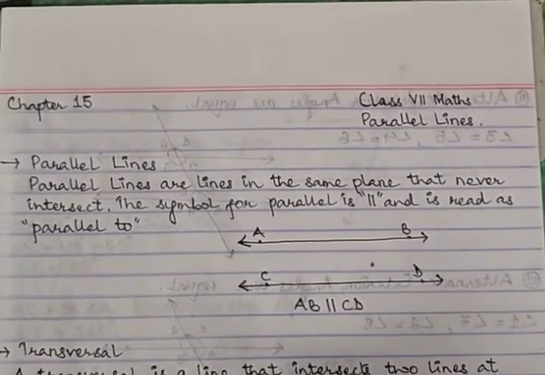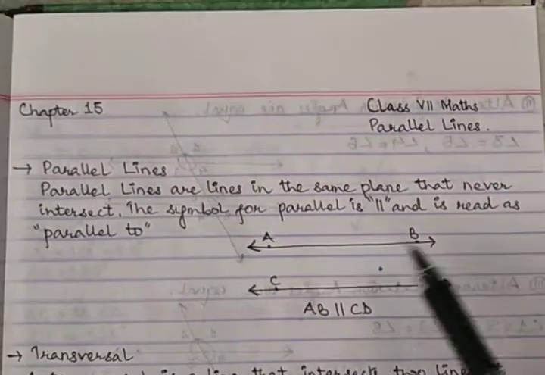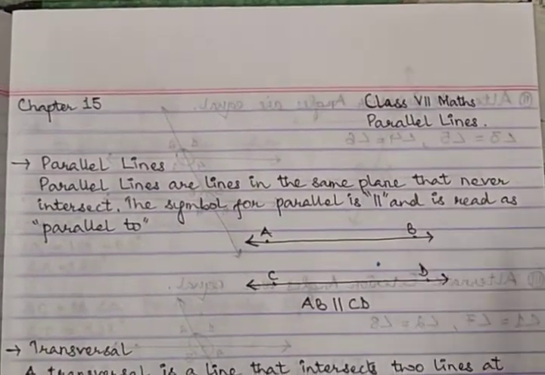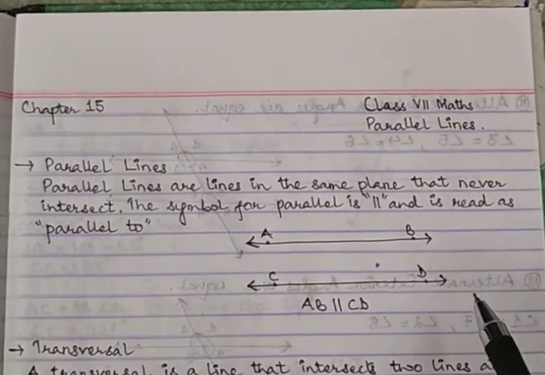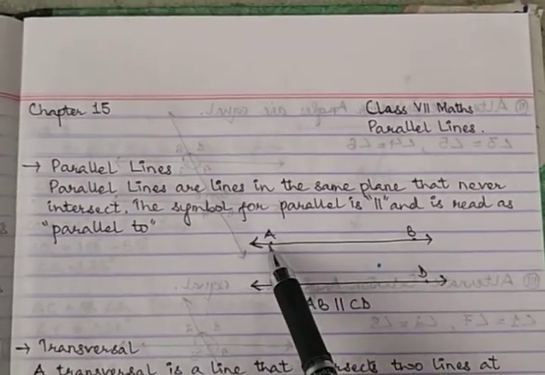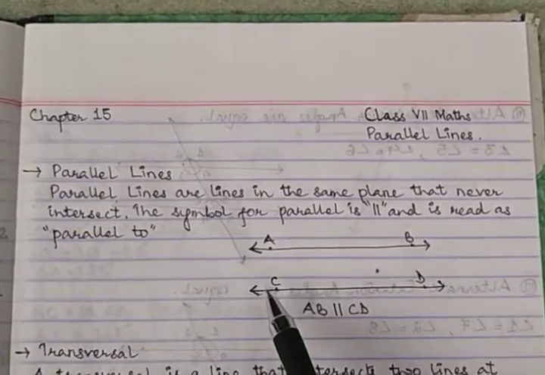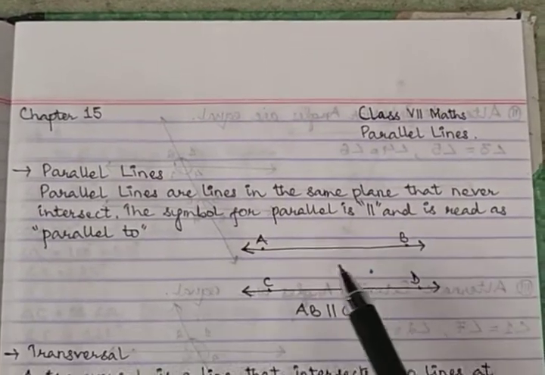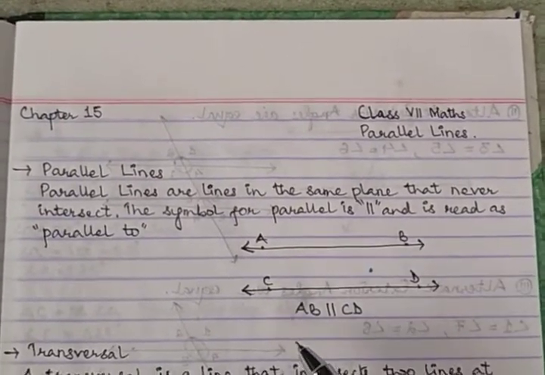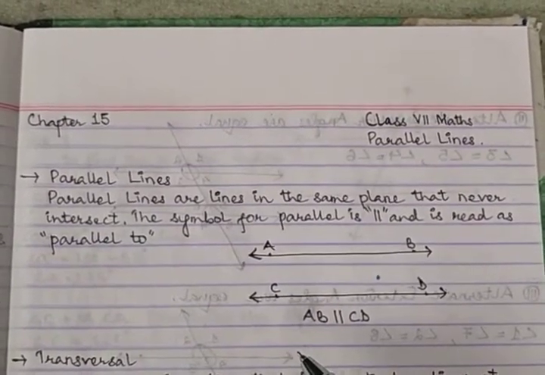If you draw two straight lines side by side, and extend B in any direction and similarly D in any direction, and also A and C on any length, and they never meet, then those two lines are known as parallel lines.